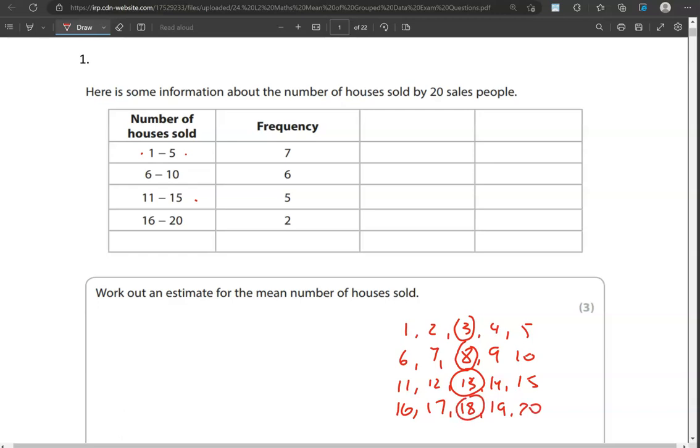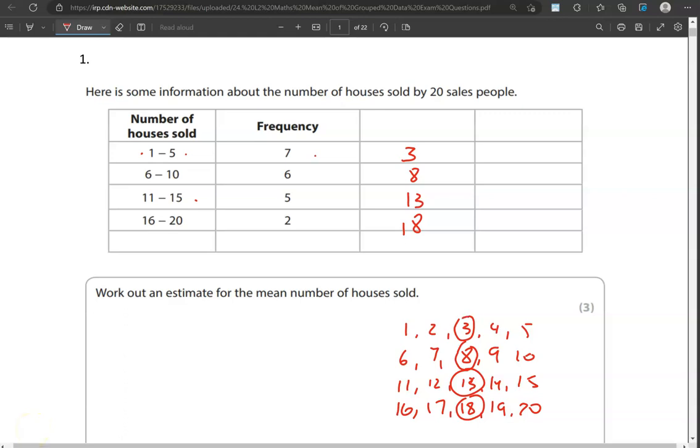So these are the midpoints, and I'm going to put them here in this column. The frequency column tells us how many of each of these there are. So it says 7 3s, 6 8s, 5 13s, 2 18s.